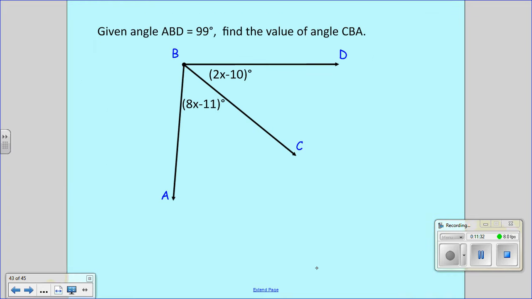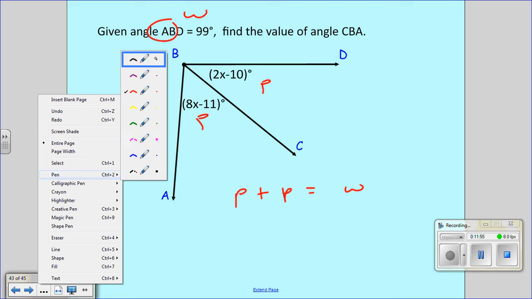Last example. It says, given that angle ABD, which is the whole, find the measure of CBA. So this is a part, this is a part. So we have part plus part equals whole in this scenario.